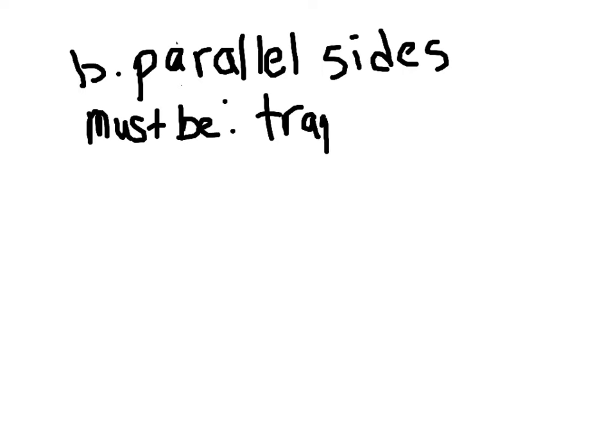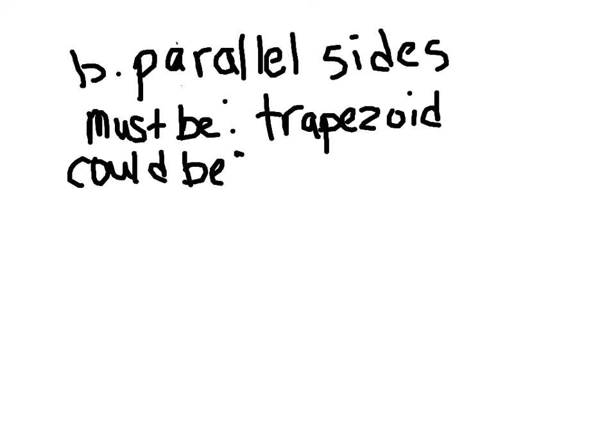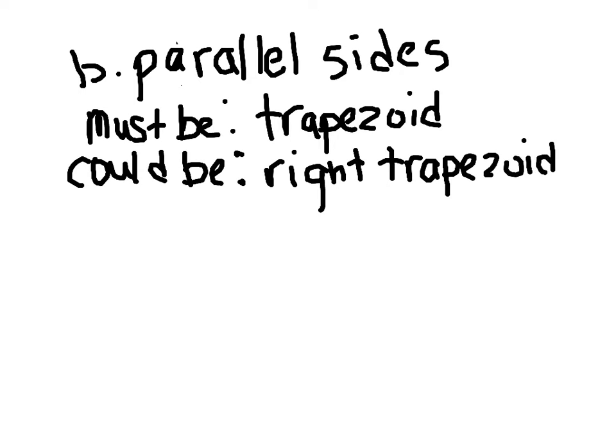So it must be that because that's the only piece of information they gave us, a pair of parallel sides. What could it be? Well, it could be a right trapezoid. That was one thing we talked about. The reason that it could be a right trapezoid, remember, is because that has a right angle. And the information given to us is just a pair of parallel sides.